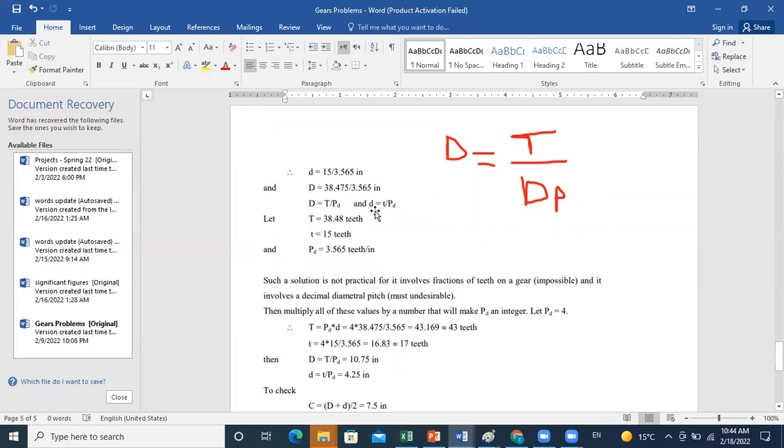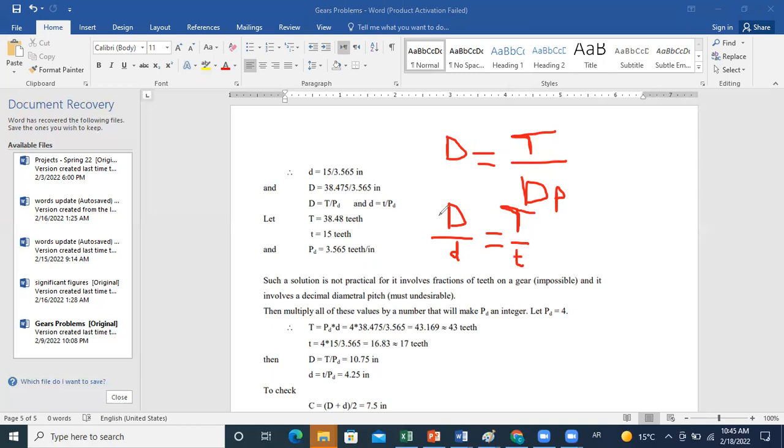We know that big D is equal to the number of teeth of the gear over the diametral pitch, and small d is the number of teeth of the pinion over the diametral pitch. So if I do the ratio, big D over small d is equal to big T, the number of teeth of the gear over the number of teeth of the pinion.